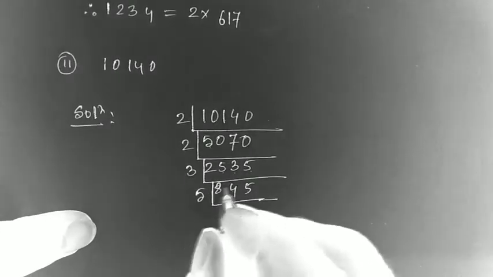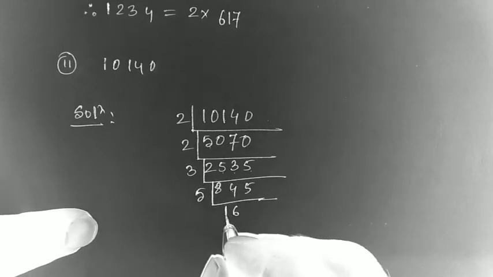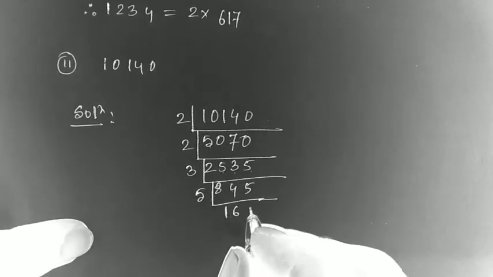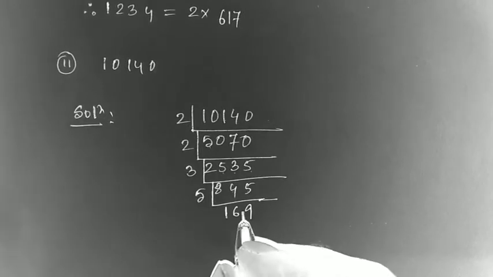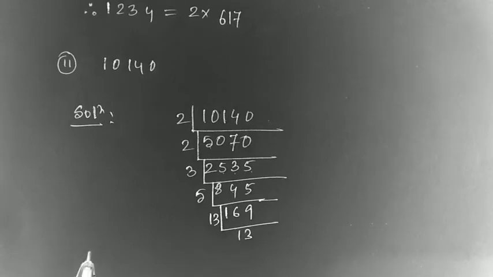Dividing by 5 gives 169, and that is 13 times 13. That means there are so many prime factors of the given number.